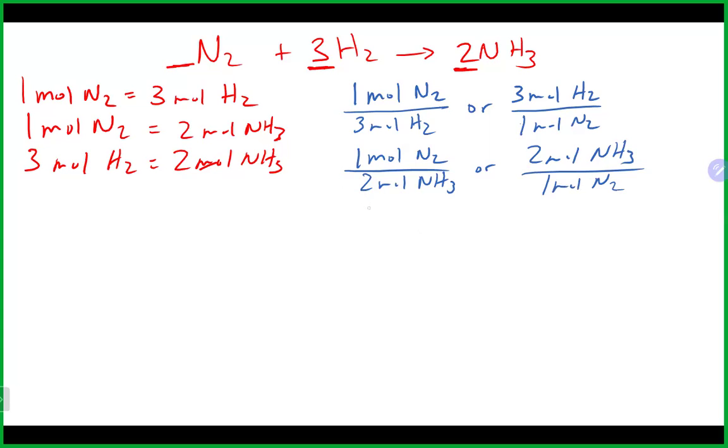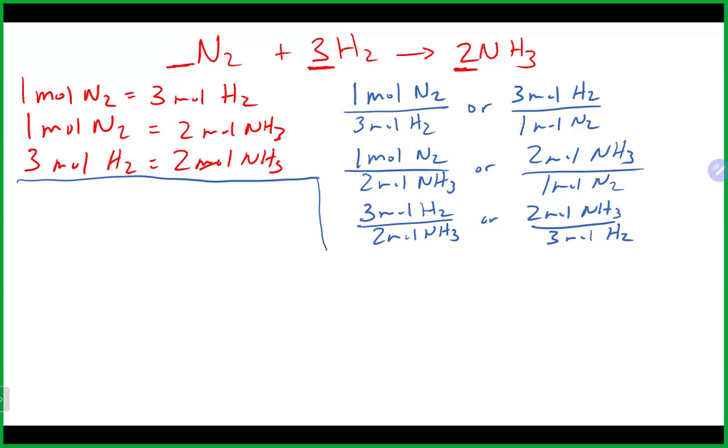Lastly, for that third equality, we could say 3 moles of H2 over 2 moles of NH3, or 2 moles of NH3 over 3 moles of H2. So again, from this one equation, we have basically 6 different conversion factors that we could use. We will not use all of them in a problem. We would just use whichever one we wanted.